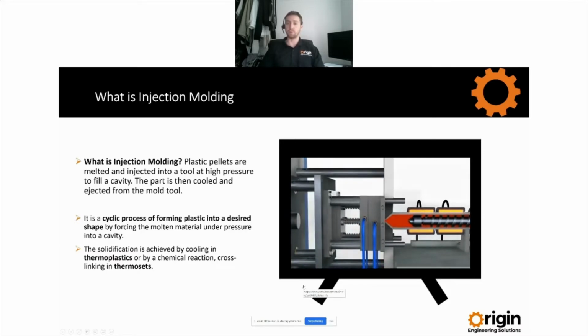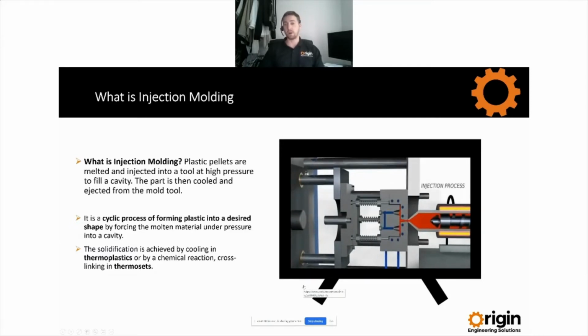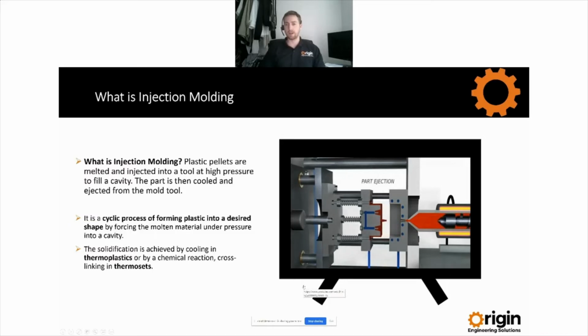The mold tool is then cooled, and the part is then cooled. The mold tool will then separate. The part is ejected, and then generally the process is repeated. So this video hopefully shows that. In this mold tool, we can also see some cooling lines that aid in the cooling of the part.